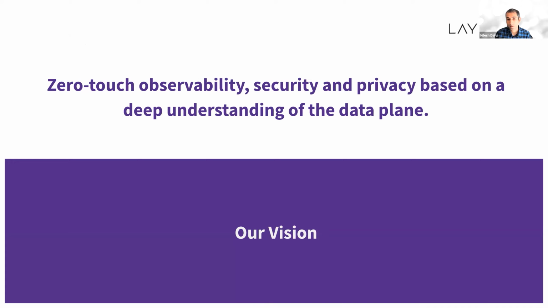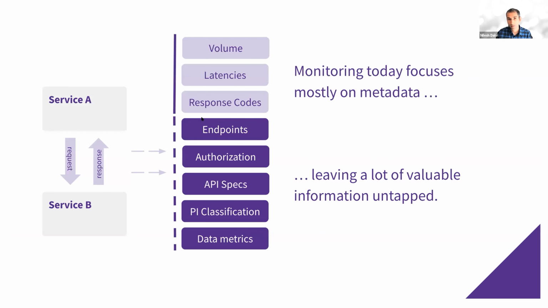The key technique that we're using is going pretty deep in understanding the network traffic that services are using to communicate, and use that to derive deep insights into how services are performing from a security, privacy, and observability point of view. Let me give an example to describe the kind of differentiation that we have.